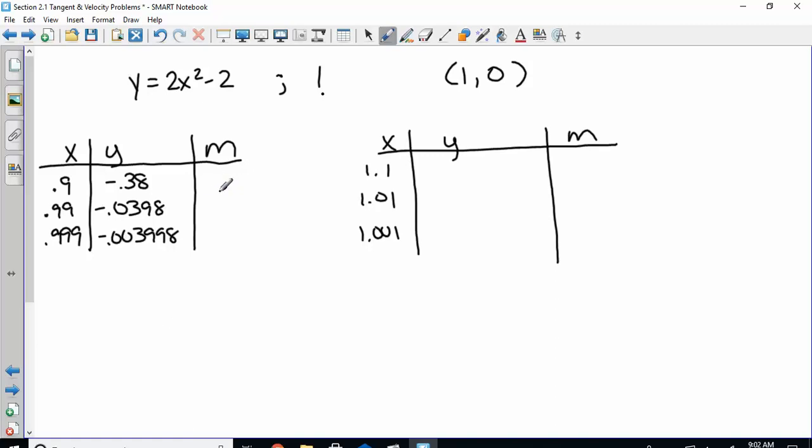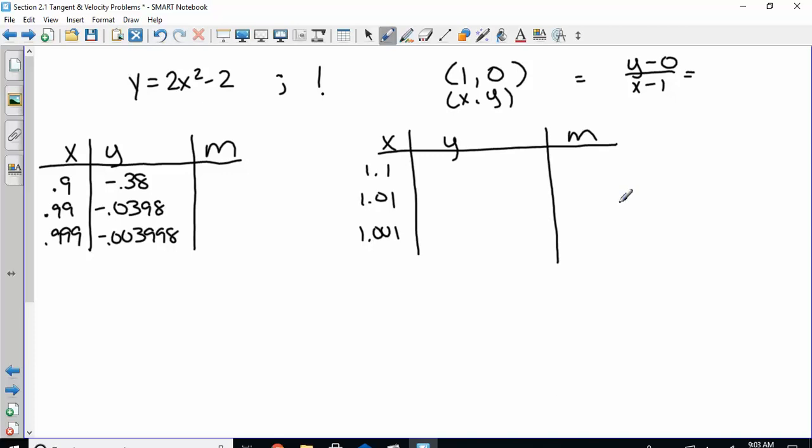Okay. My slope. Okay, think about this. We have the point 1, 0, and then we have a second point x, y. Slope is y minus y over x minus x. So this is what I'm doing for my slope. Basically plug in your x and y for the x and y in this equation.